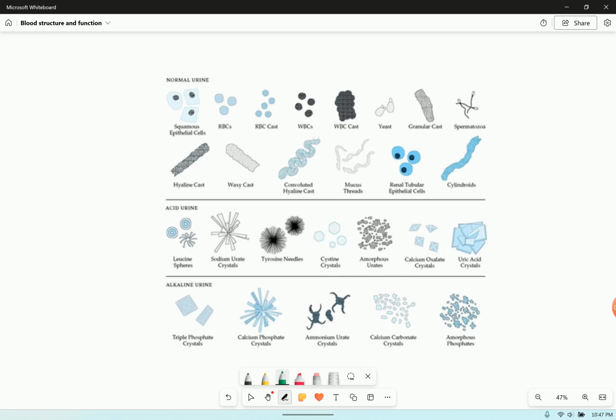All right, these are some of the things that they will look under a microscope. So they'll take some of the urine and put it on a slide and look at it under a microscope. And you are looking for these casts, which essentially is like human tissue. Okay, there's more casts. You can find sperm, hyaline cast, waxy cast. So you see this word cast a lot.